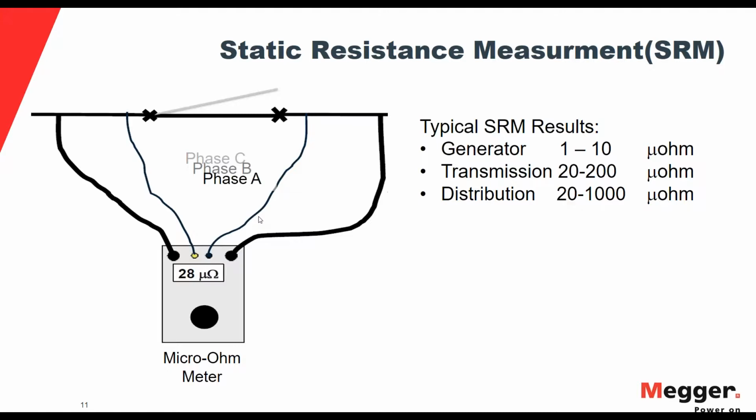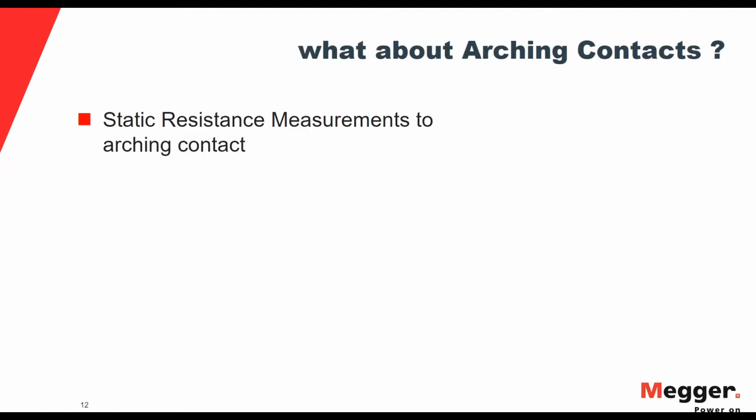In transmission or line circuit breakers, you usually will have from 20 to 200, depending on the rating and the voltage level and so on. And distribution, that can go up to 1000 micro ohm.